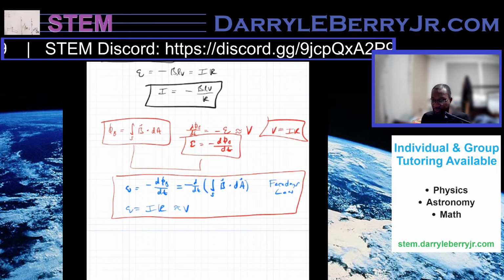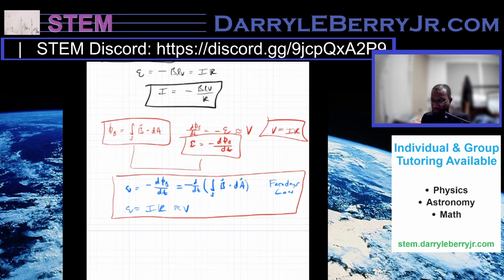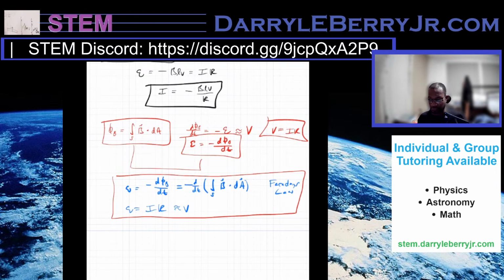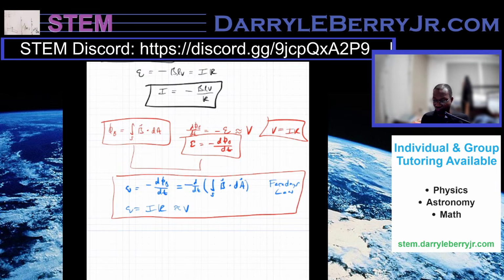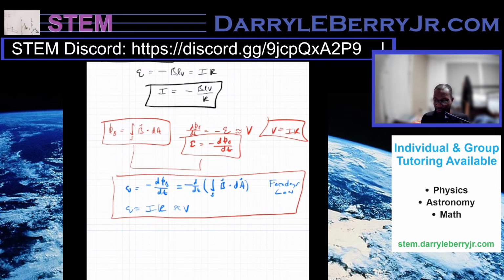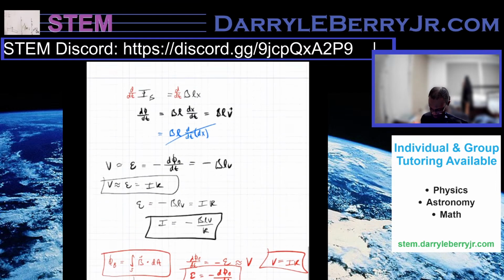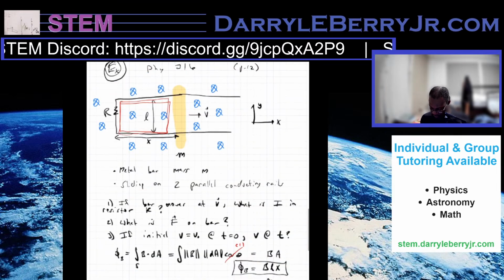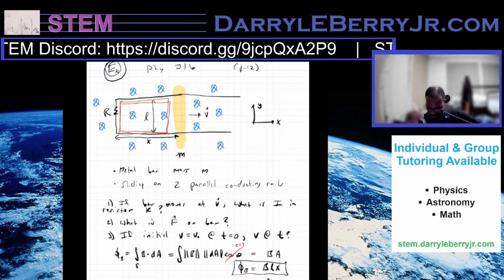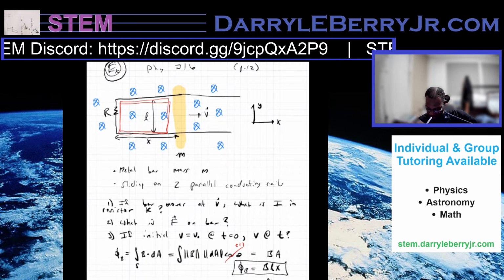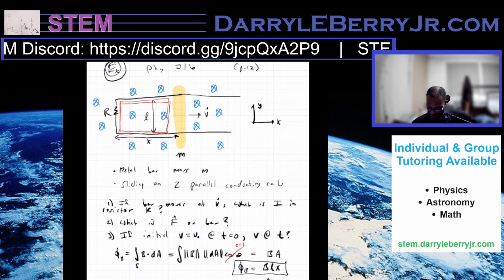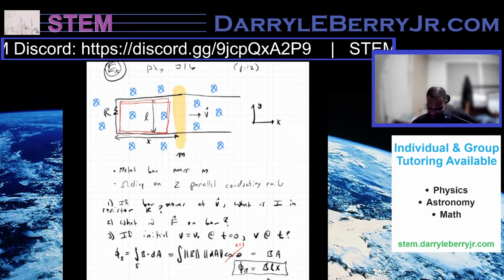And the next one is, so it looks like we have this bar. We're manually moving the bar, which is changing the flux, and that's inducing a current.